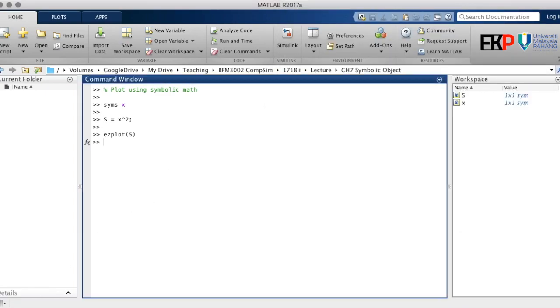We can plot, for example, more than one graph. Let's say now we have syms of t. We define t as a symbolic object, and we have x is equal to cos of 2 times t, and y is equal to sine of 4 times t, and we can do ezplot of x comma y.